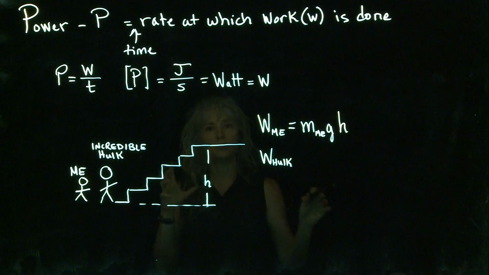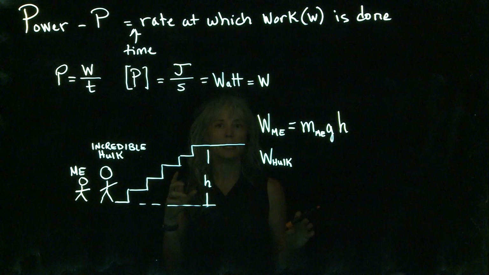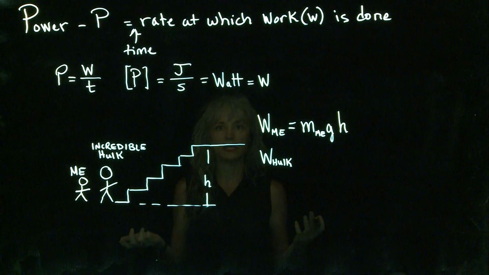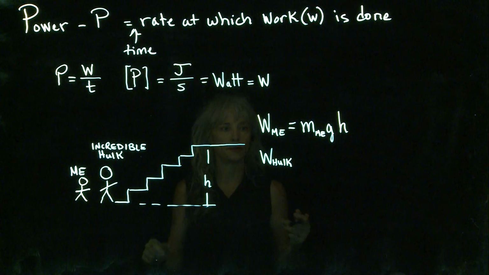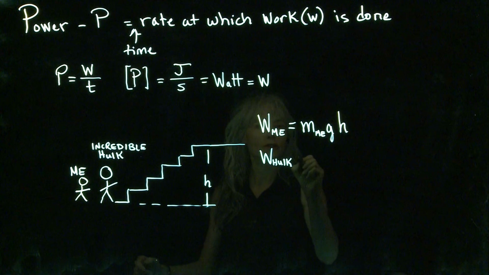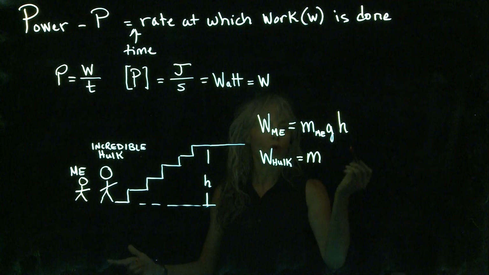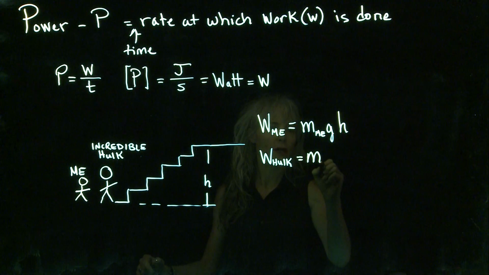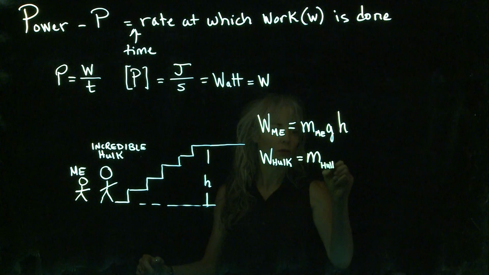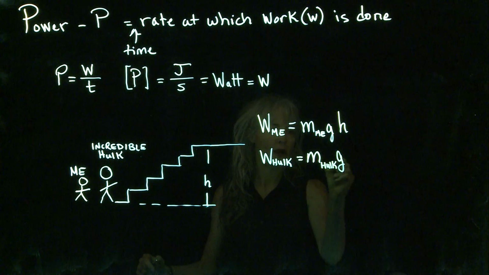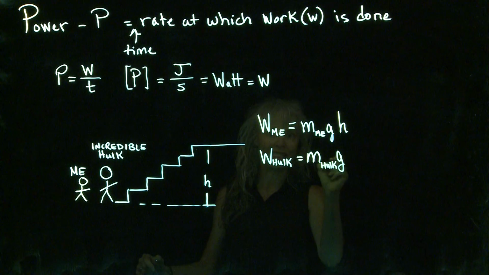From previous videos, you see how work done by conservative fields and the change in potential energy are connected to one another. What about the work that the Hulk has to do? Well, he has to, again, work against the gravitational field, but this is going to be his mass, so that's going to be the mass of the Hulk times the acceleration due to Earth's gravity. That's the force of gravity exerted downward on the Hulk.